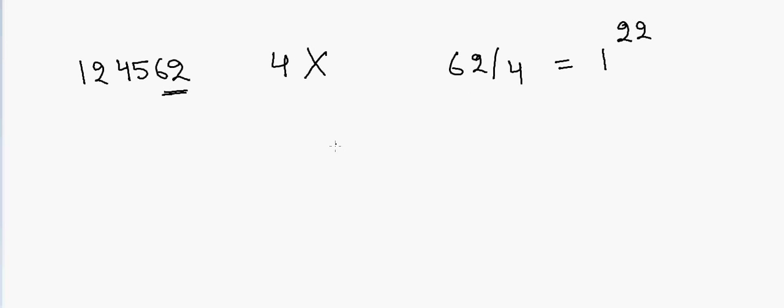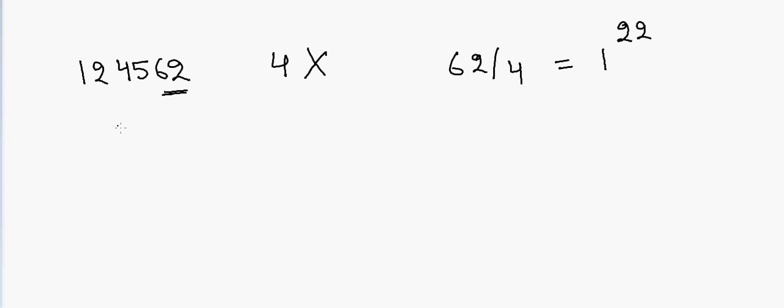In that case I have to look at the last 2 digits, and check whether they are evenly divisible by 4. So 62, if we try to divide 62 by 4, I get 15 and 2 left over. So that is not evenly divisible by 4, and this number cannot be evenly divided by 4.